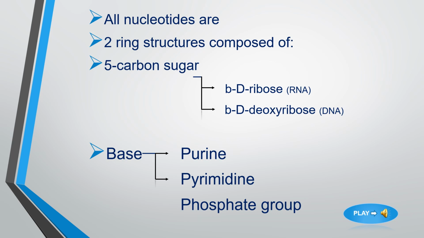The second ring structure is the nitrogenous base, that is purine. Purine has a heterocyclic ring, and pyrimidine is a monocyclic ring. And the third element is the phosphate group.